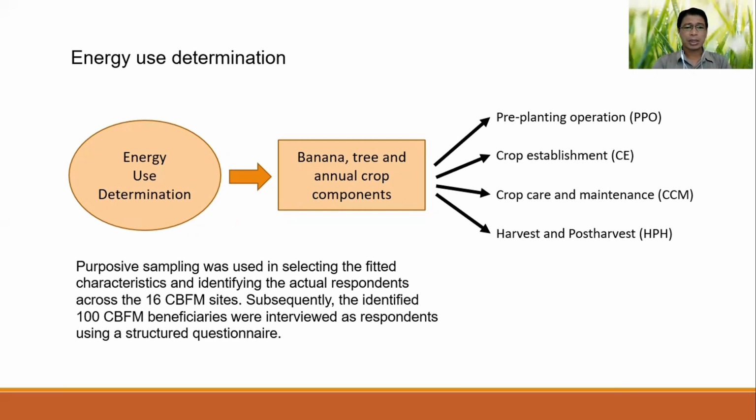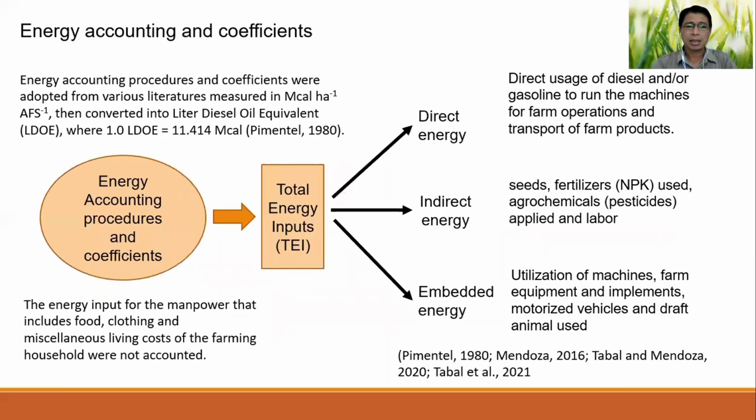Purposive sampling was used in selecting the fitted characteristics and identifying the actual respondents across the 16 CBFM sites. Subsequently, the identified 100 CBFM beneficiaries were interviewed as respondents using a structured questionnaire to determine the total energy inputs per hectare of identified agroforestry system within the 16 CBFM sites.